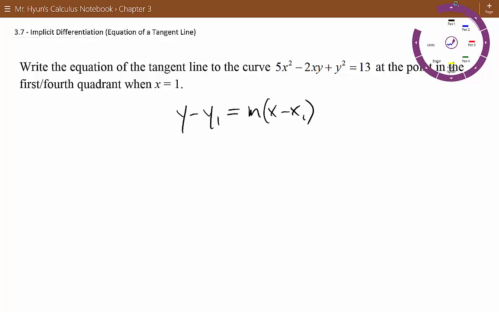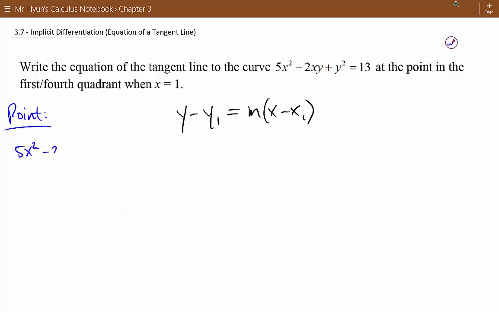To begin, let's first find the point on the graph that we'll be using for our tangent line. Since they tell us that the x value is going to equal 1 in this case, let's take 5x squared minus 2xy plus y squared equals 13, and figure out what the y value needs to be. We know the x value is 1, so let's plug in 1 into this equation.